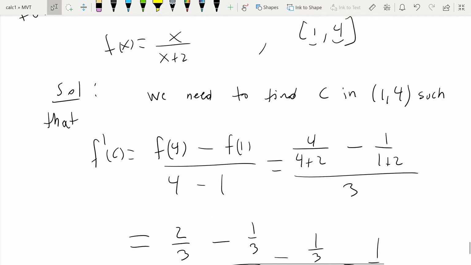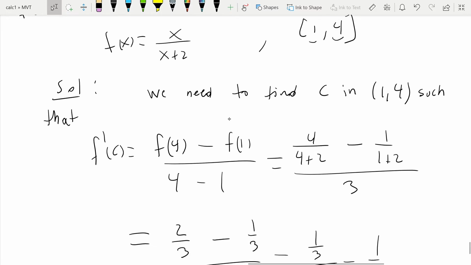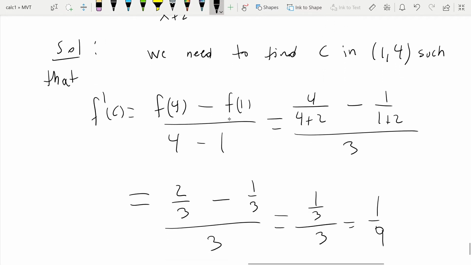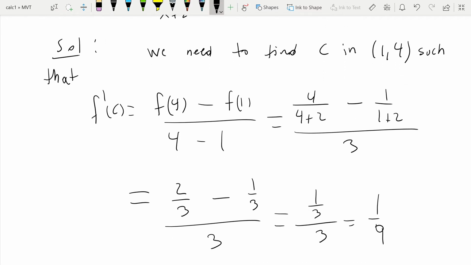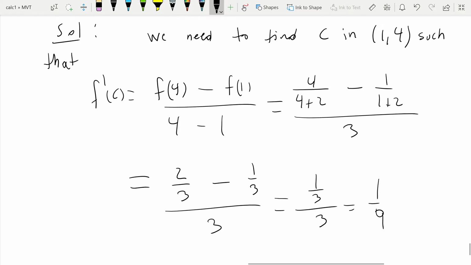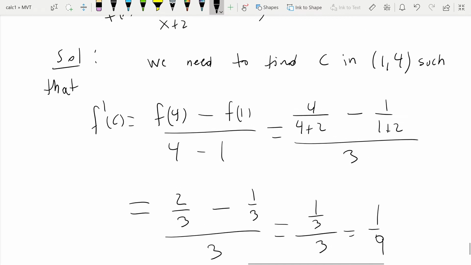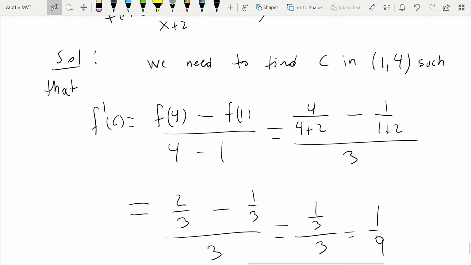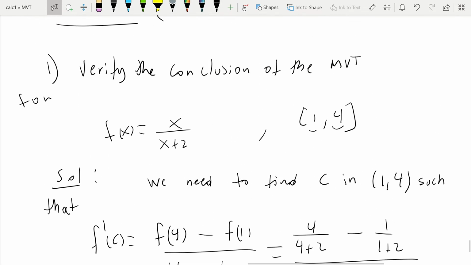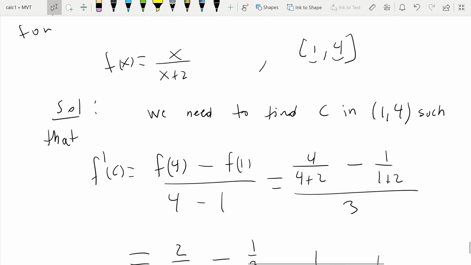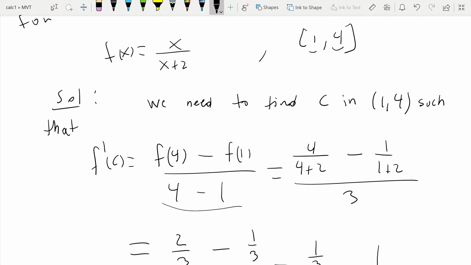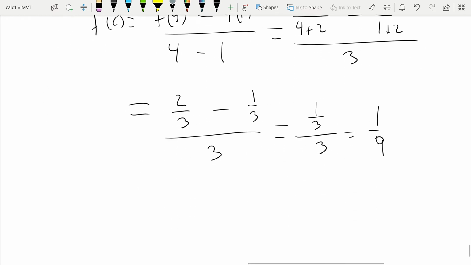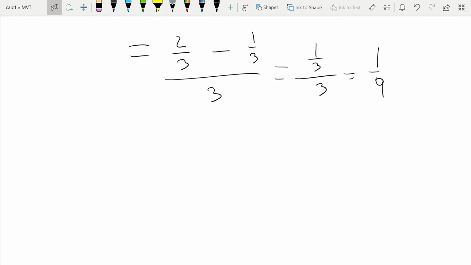We need to find that point in between 1 and 4 because that's the conclusion of the theorem, that you're always able to find a point C in that interval whose tangent line slope is equal to this difference quotient, corresponding to the slope of the secant line. And this is what we're trying to accomplish here.